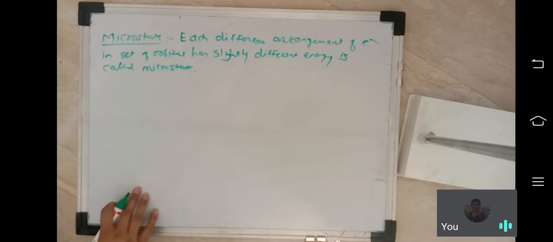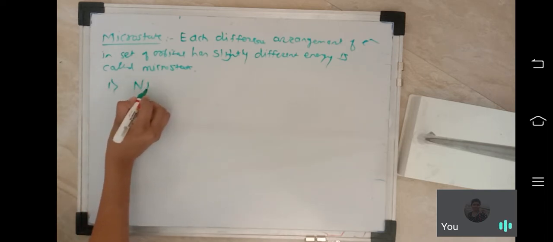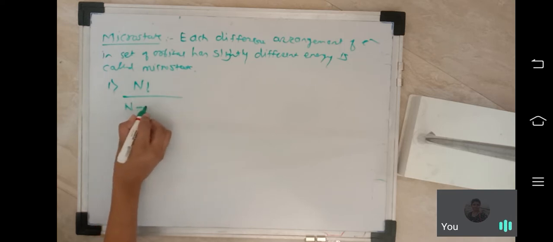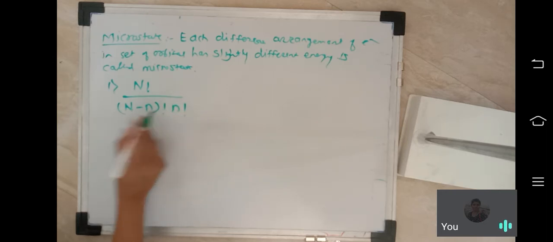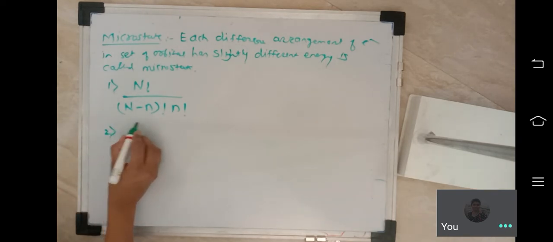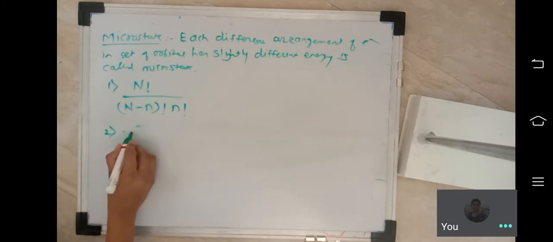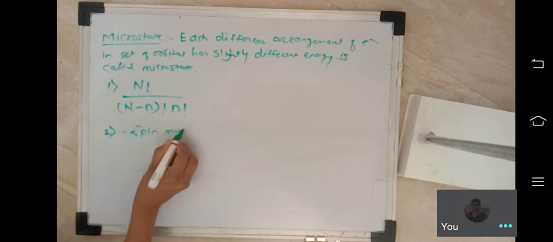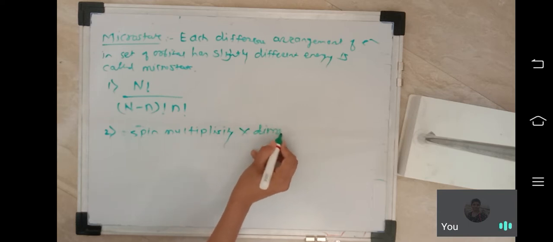To find out the microstates for different orbitals, there are three types of formulas. The first formula is N factorial divided by n minus small n factorial, where small n is the number of electrons and capital N is the number of spin orbitals. The second formula is microstate equal to spin multiplicity into dimension number.